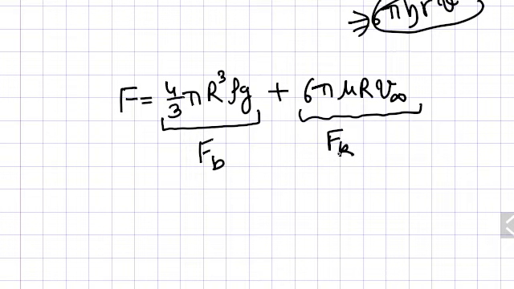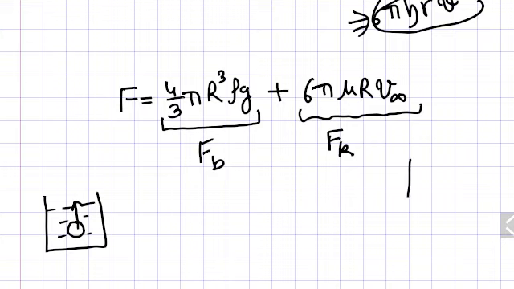I mean to say that in a body of liquid, if you put a sphere, then even if the sphere is not moving or the fluid is not moving, this buoyant force will always be there. And this, the kinetic force, will exist only when the sphere is moving or the fluid is moving.